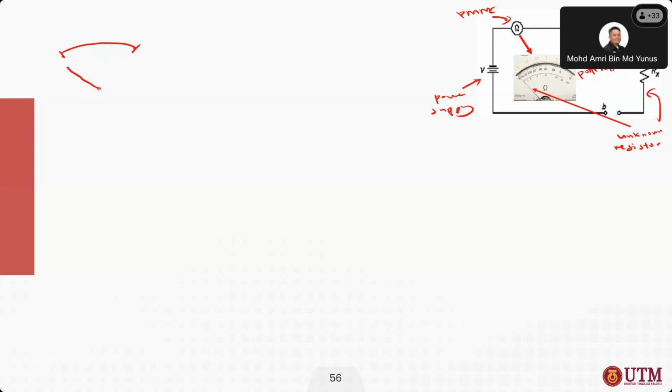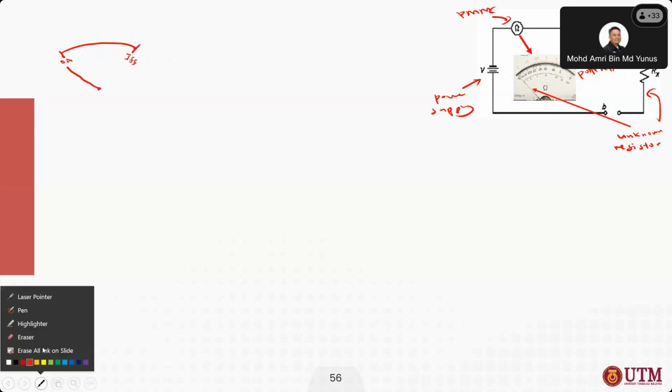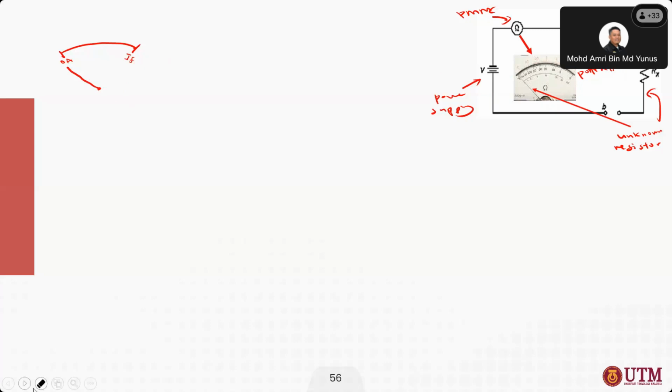When at default there is no deflection, the current that flows through the PMMC is equivalent to 0, and then we have here IFSD, or full scale deflection current.